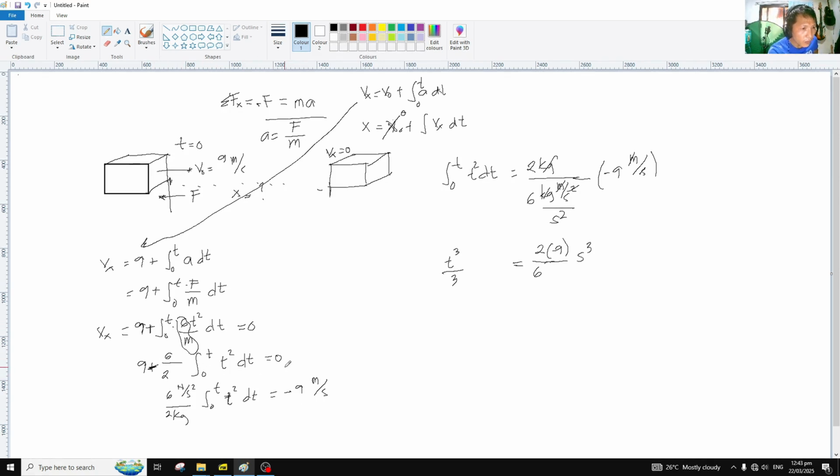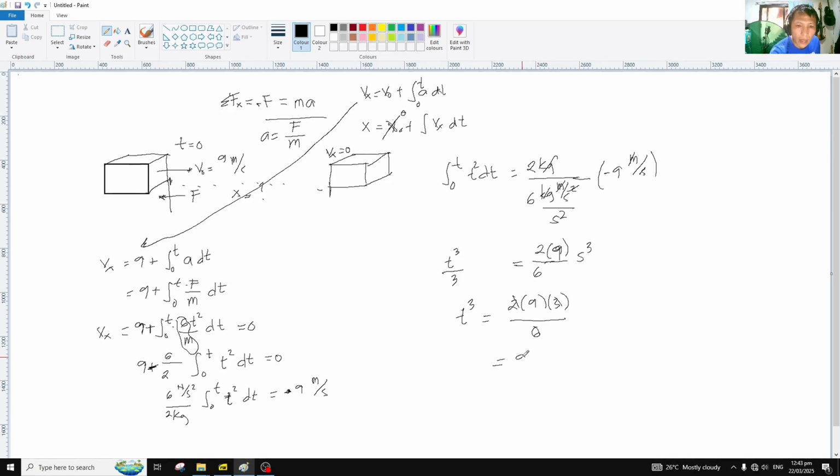And that would give us a positive 9. So this is already a positive 9. Okay, so we have the t cubed, which is equal to 2 times 9 times 3 all over 6. So we can cancel out the 3.